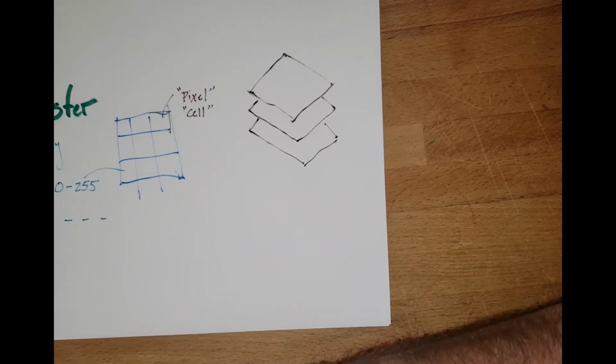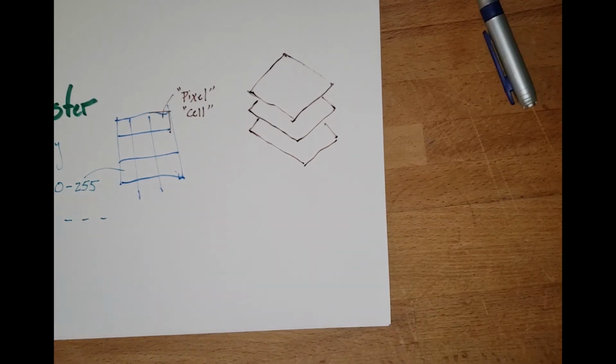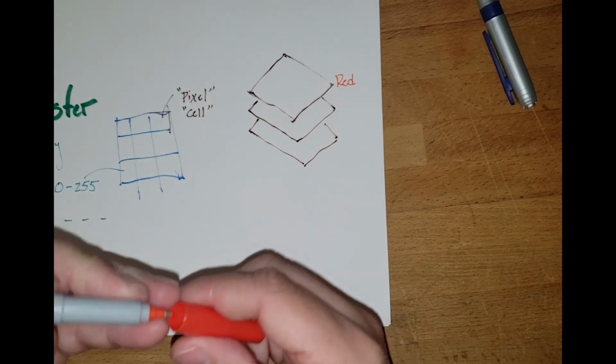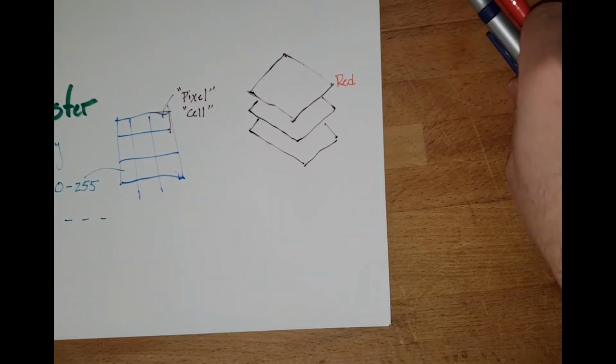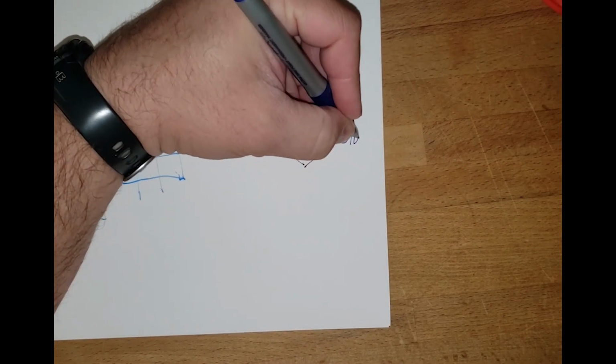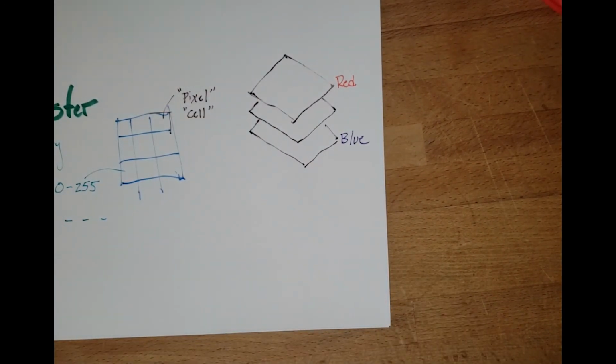This is going to be for our color imagery, okay? And I'm looking for all the right colors, but we're going to have one layer for red, one for blue, and one for green, RGB.